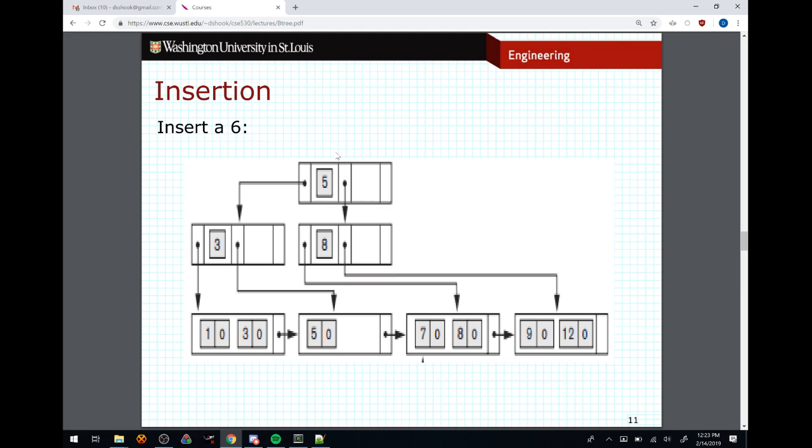So 6 is on page number 101, maybe. And if I have unique values in the column, then that's all there's going to be, one page number. If I'm allowing duplicate values in a column, then I would see additional page numbers here as well. So I would have a linked list of page numbers in my leaf nodes.